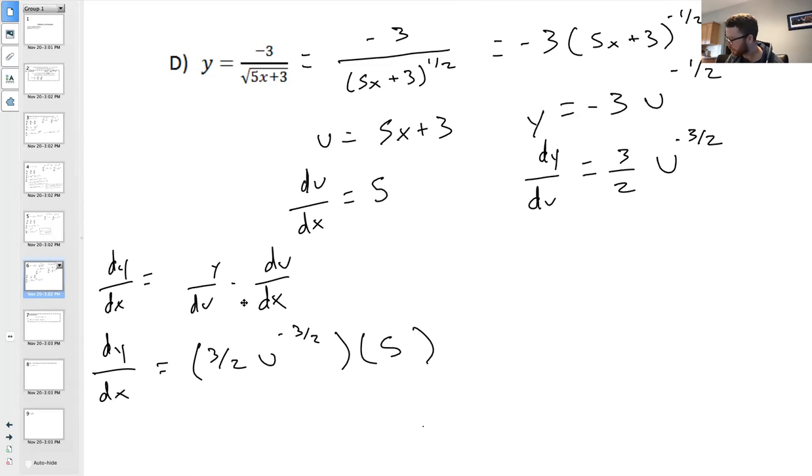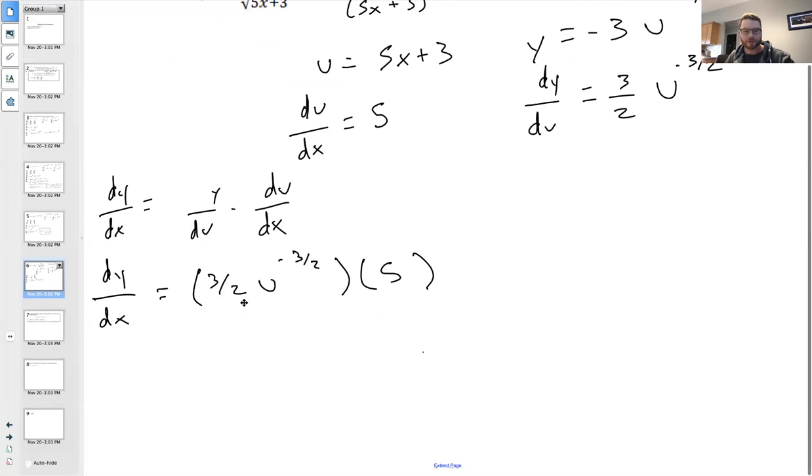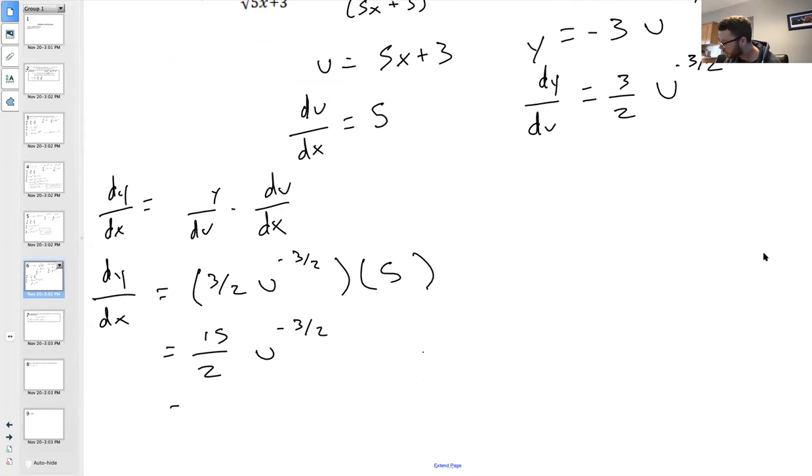Okay, so if we do that, 5 multiplied by 3 over 2 will give us 15 over 2 u to the negative 3 over 2. At this point, we will substitute in our u, which is 5x plus 3.